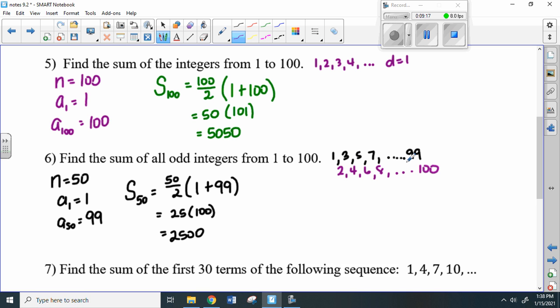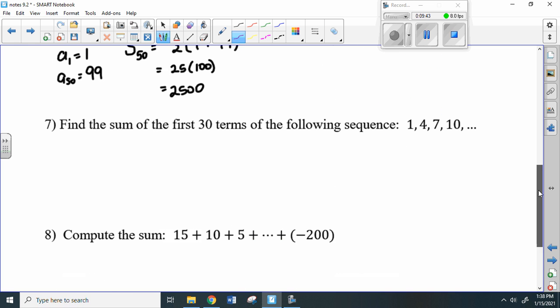And so that means that if I were to add up all the even ones, and since there are 50 of them, my sum will be 50 more than the odds. You could actually work out the evens, and you should get 2550. Just something if you want to go back and try it.